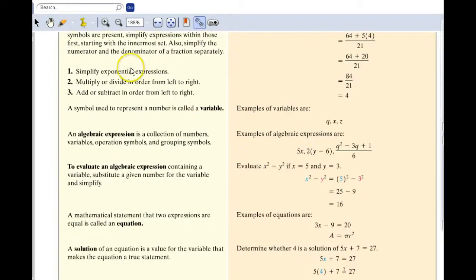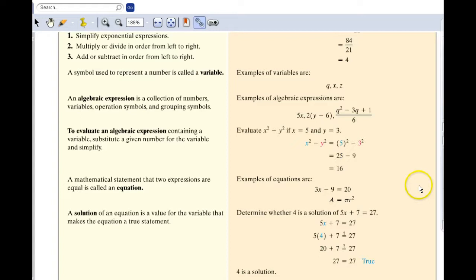All right, we talked about variables that are letters that stand for something, and we work them, and in an algebraic expression, we're just going to simplify. Where once we get to an equation, though, we are going to solve.